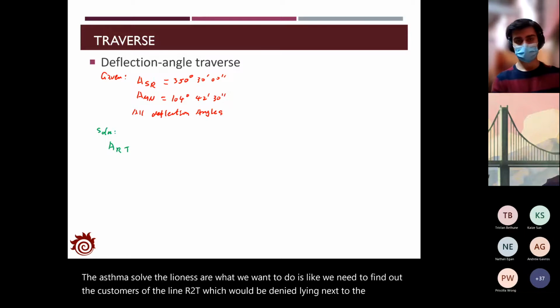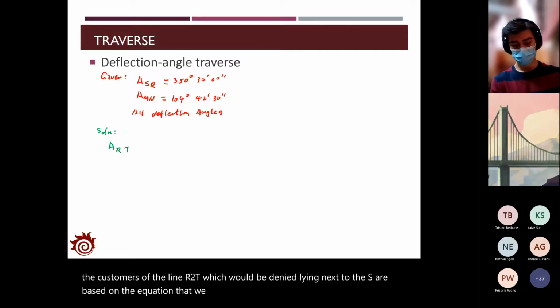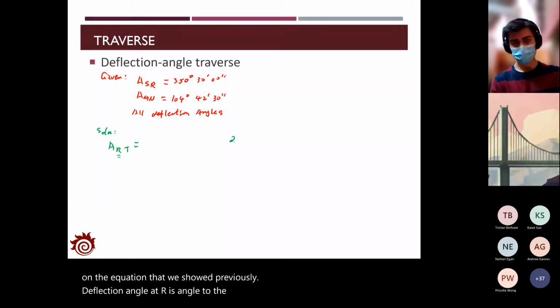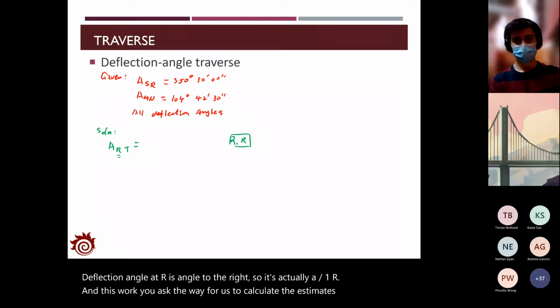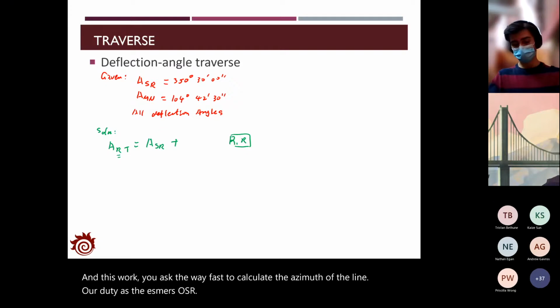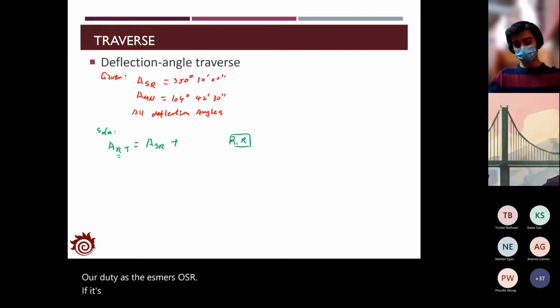Based on the equation that we showed previously, the deflection angle at R is angle to the right, so it's actually alpha 1, and this will give us the way to calculate the azimuth of the line R to T as the azimuth of SR. If it's to the right, then we will plus the angle, so it's alpha 1.